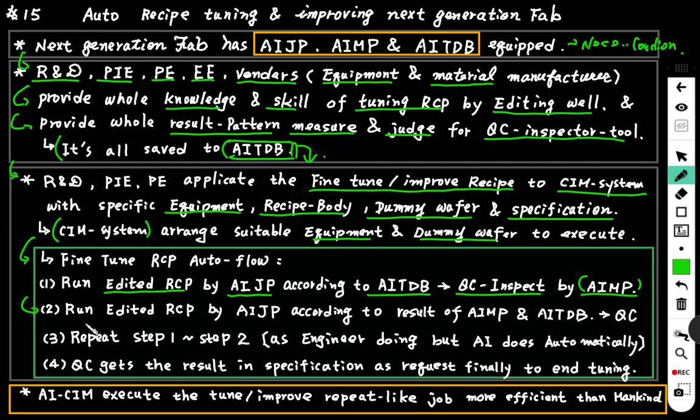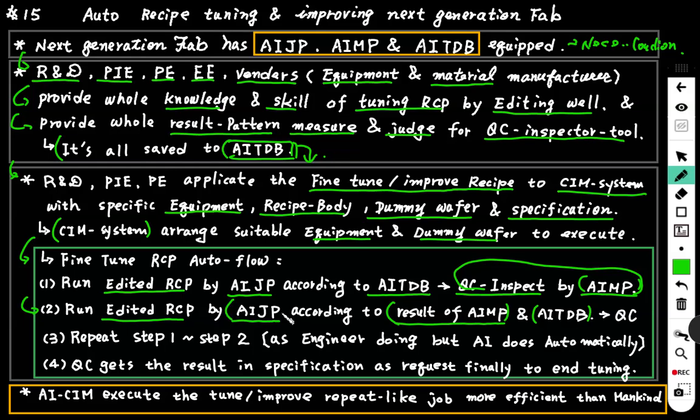And step 2. Continue to run the edited recipe by AIJP. This recipe is edited according to the result of AIMP. This result QC inspect is according to the result of AIMP and AITDB's suggestion.